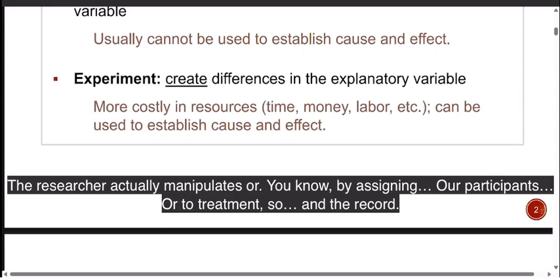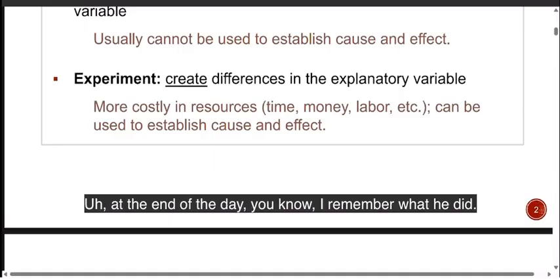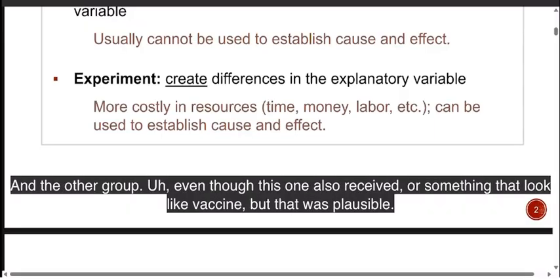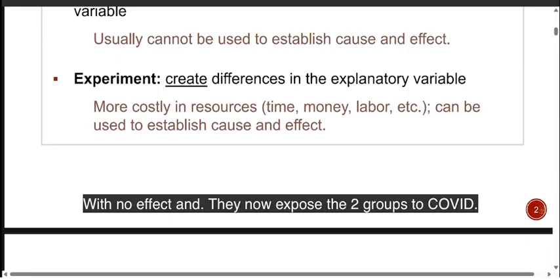At the end of the day, I remember what they did. They gave one group the vaccine, and the other group also received something that looked like a vaccine, but that was a placebo with no effect, and they exposed the two groups to COVID.